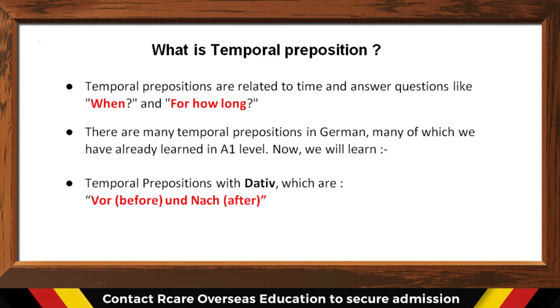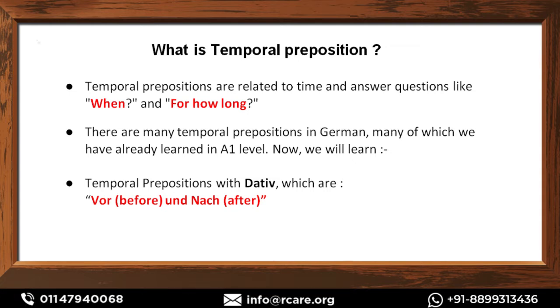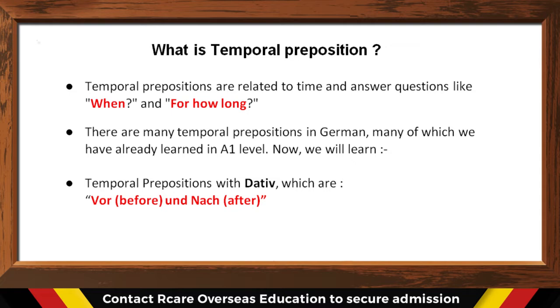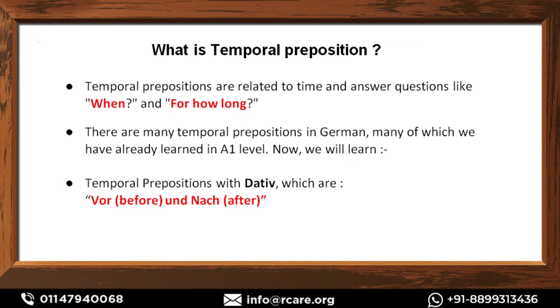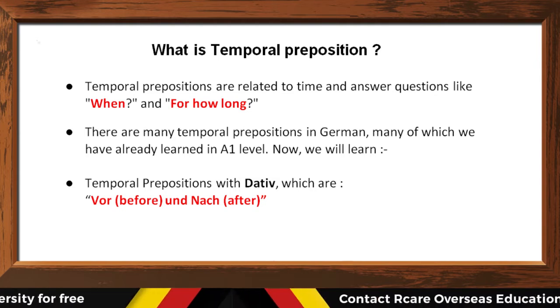Now we are going to learn temporal prepositions with dative, which are vor, which means before in English, and nach, which means after in English. With genitive, we have one preposition, that is während, which means during in English.